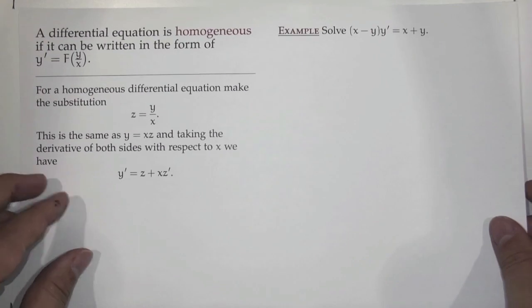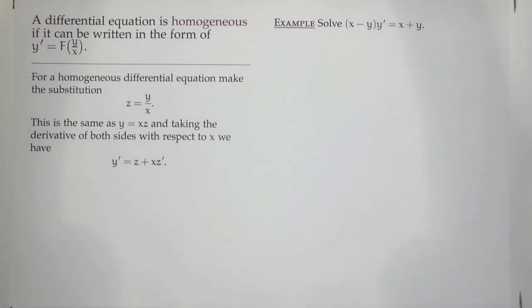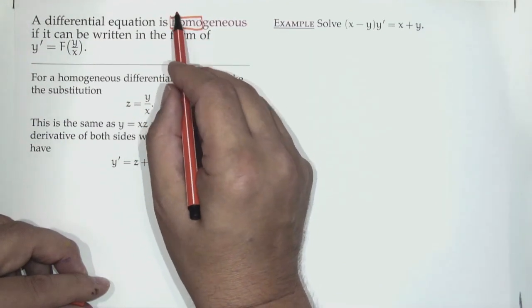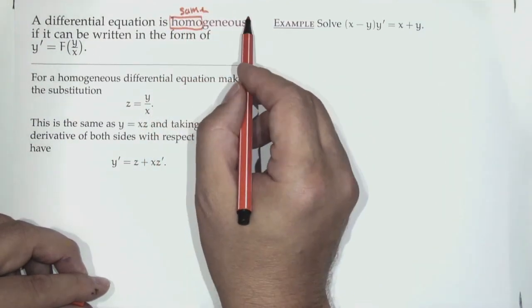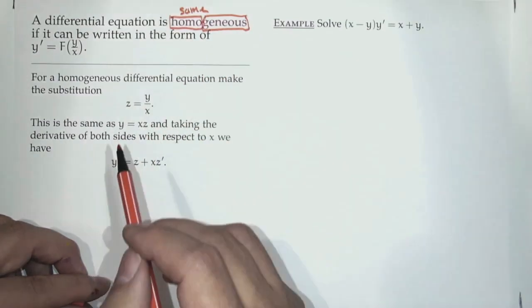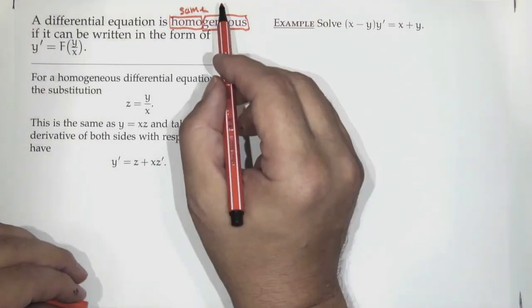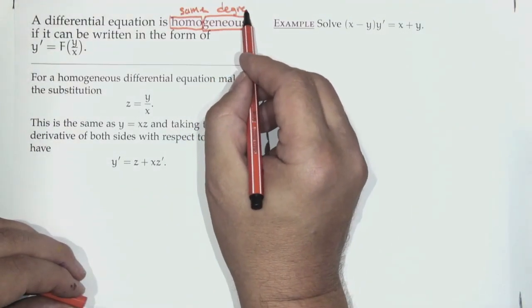All right, well, that's one example, but we have more. Another class: a differential equation is homogeneous if it can be written in the form of some function of y over x. Now, homogeneous sounds like a very big word, but the first part means same, and the second part, genius, you should think of as roughly speaking degree.